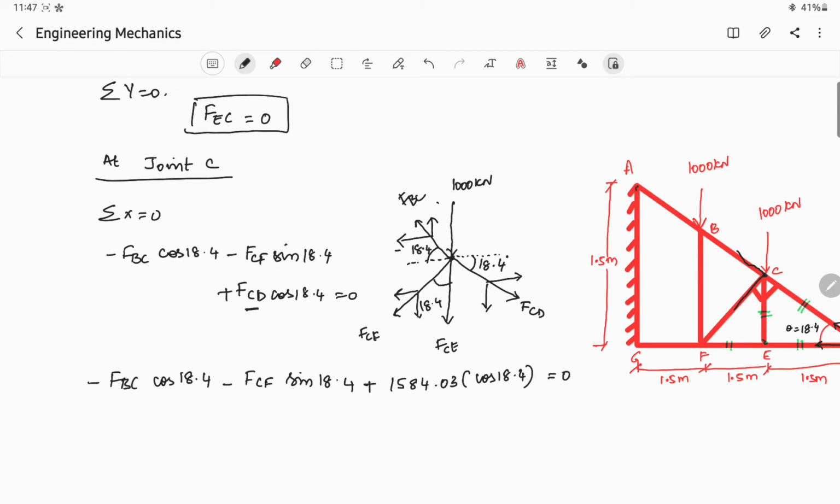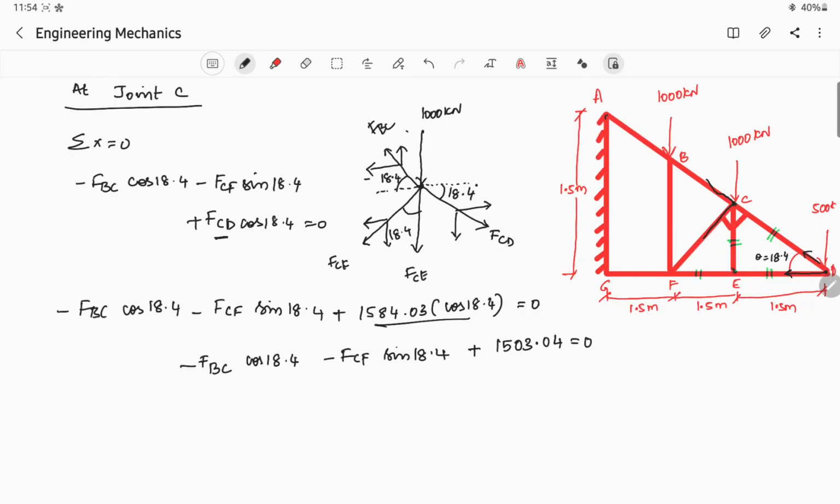So if you simplify this one, you will get minus FBC cos 18.4 minus FCF sin 18.4 plus, if you simplify these two terms, you will get 1503.04, equal to 0. Okay. So what we will do here, we'll try to simplify further.